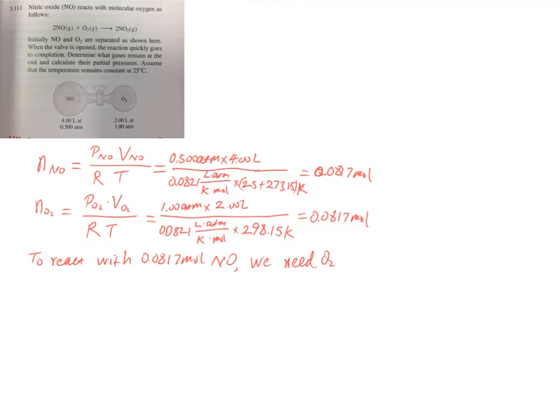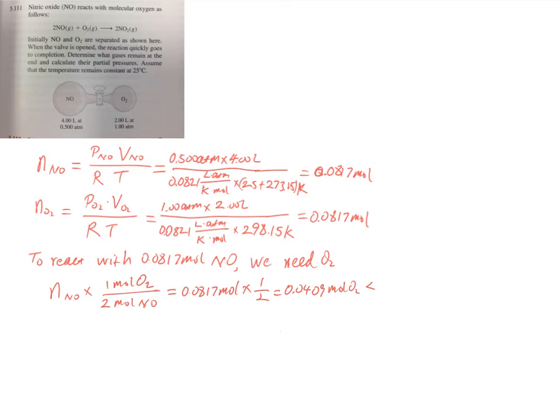That will be the mole number of NO times 1 mole of O2 for every 2 moles of NO. So we have 0.0817 mole times 1 over 2, and that gives us 0.0409 mole of O2.